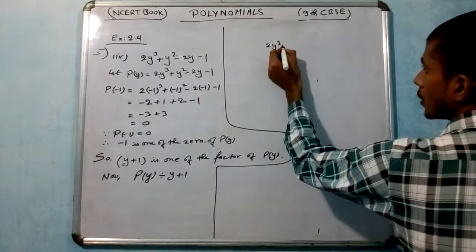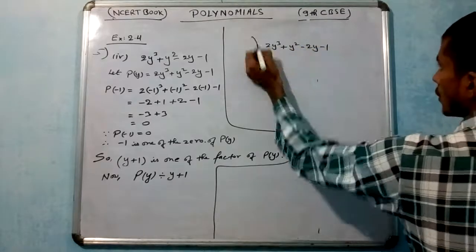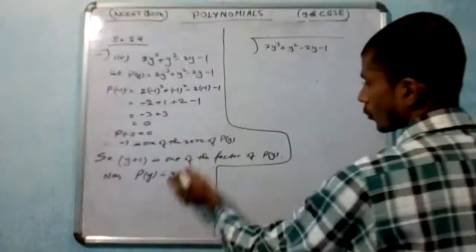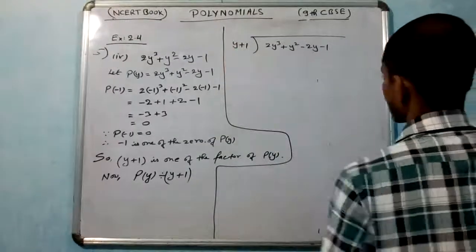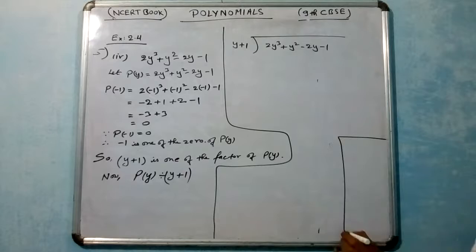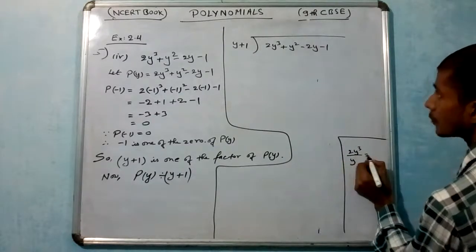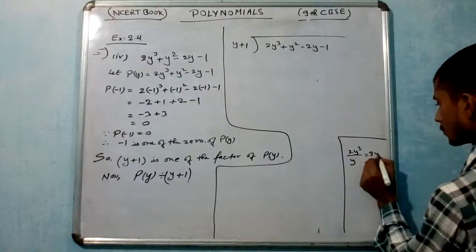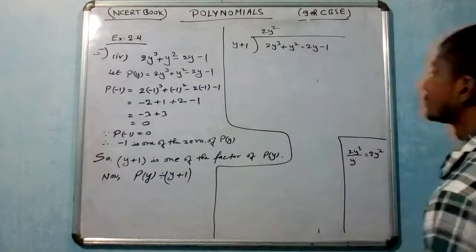So 2y cube plus y square minus 2y minus 1 divided by y plus 1. Okay. Come on. Tell me. 2y square. Okay. 2y square.